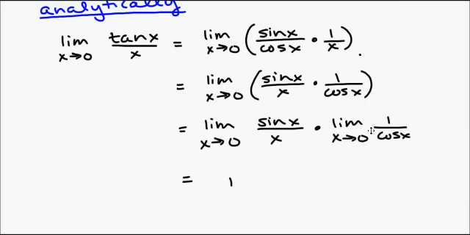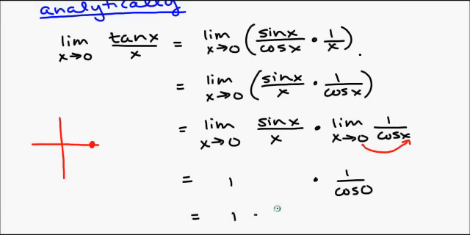So we can go ahead and plug in that 0 for x. Cosine of 0, you should know again from pre-calculus your unit circle. Cosine of 0 is here, and that is equal to 1. So this is just 1 times 1 over cosine 0.